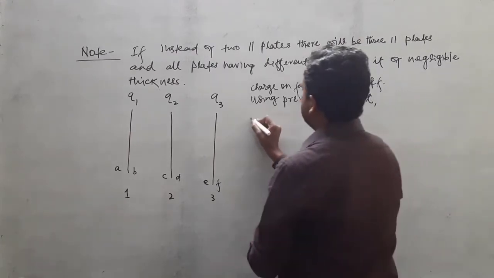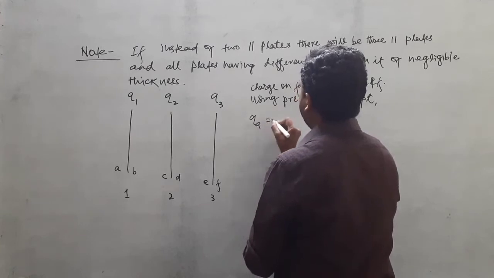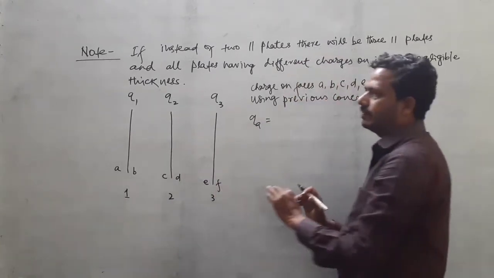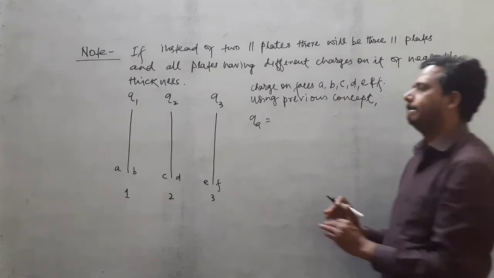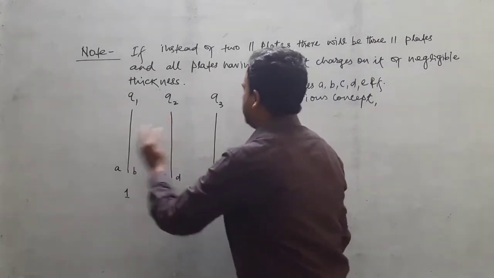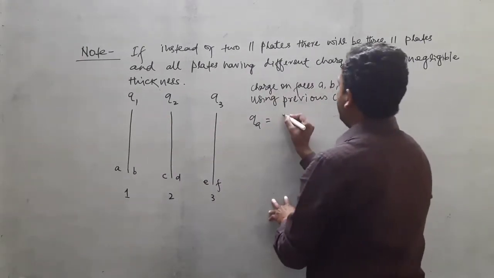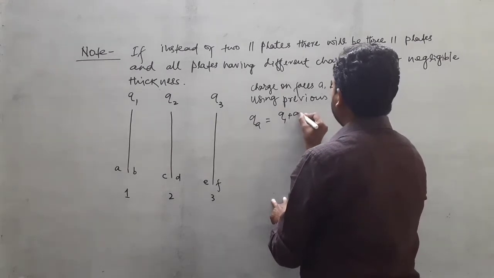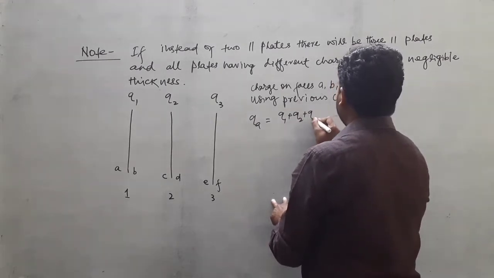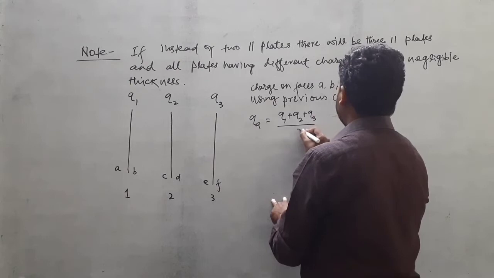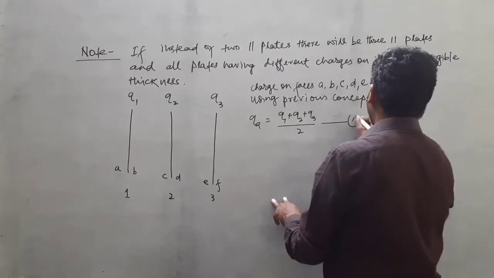That is QA, directly using the concept of electric field and the distribution of charge, that is directly Q1 plus Q2 plus Q3 divided by 2. This one is equation 1.